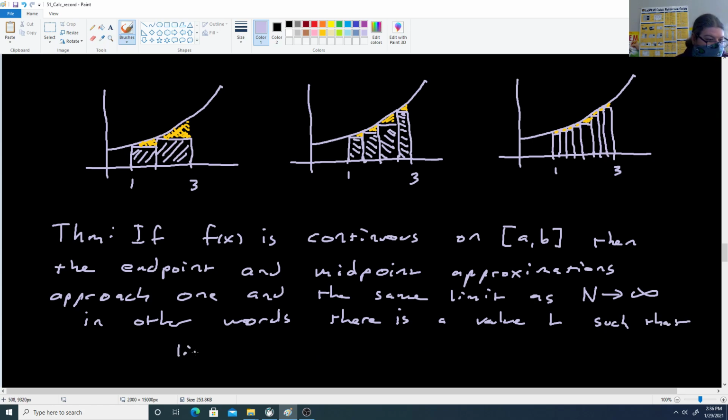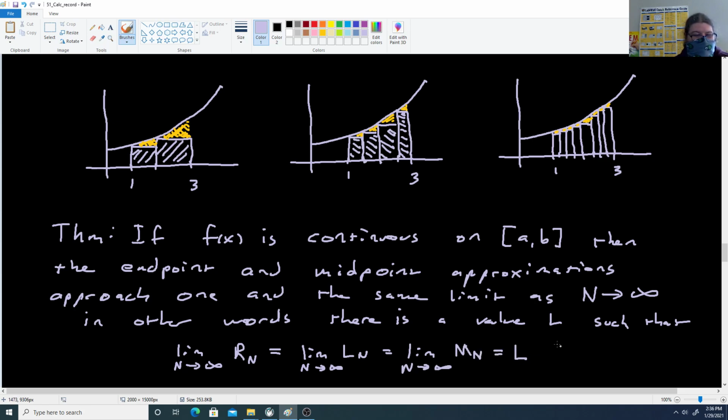The limit as n approaches infinity of the right endpoint approximation equals the limit as n approaches infinity of the left endpoint approximation equals the limit as n approaches infinity of the midpoint approximation, and they all equal this value L.